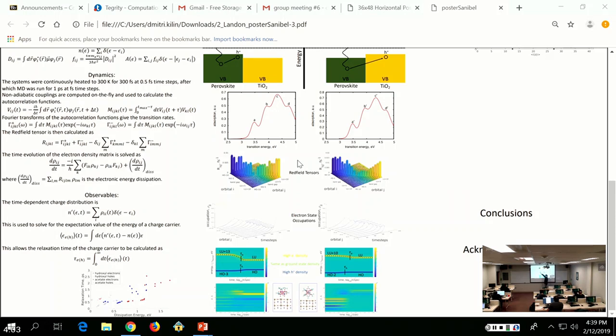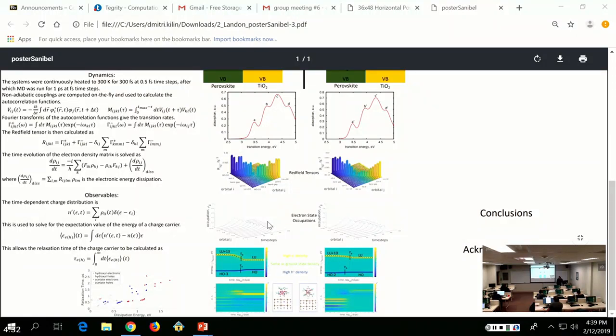Essentially what these represent is transition rates, from this orbital to this orbital. So you can see that it essentially only really allows for transitions between neighboring states in both systems. There's a slim chance that you could go some other route, but that's not the likely path that it will take.